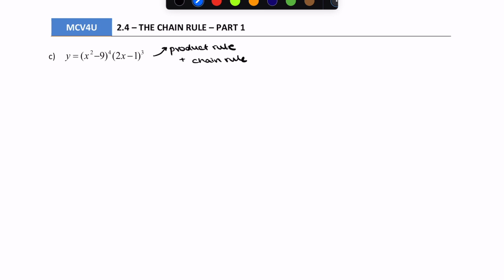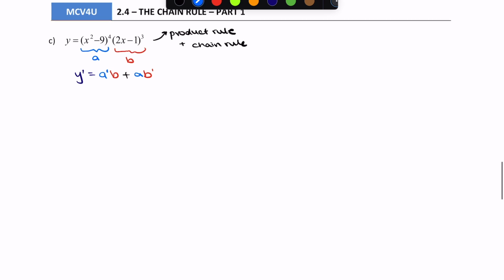So if we label (x² − 9)⁴ as a, and (2x − 1)³ as b, we know that with the product rule, y prime is equal to a prime times b plus a times b prime. So a prime times b plus a times b prime.